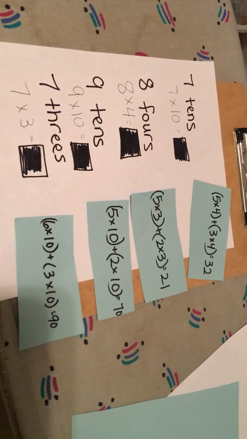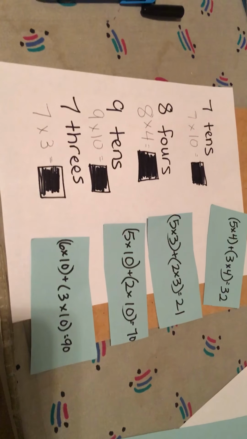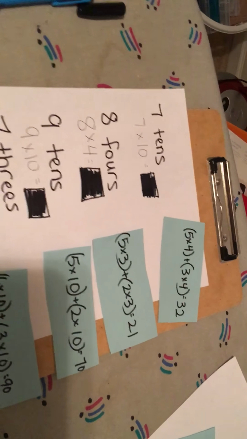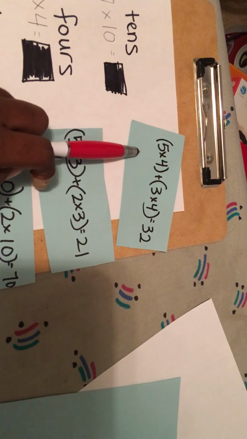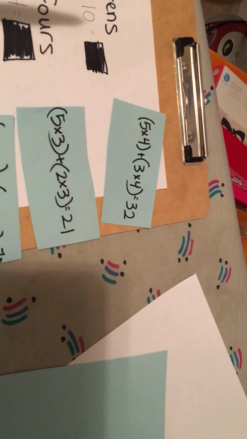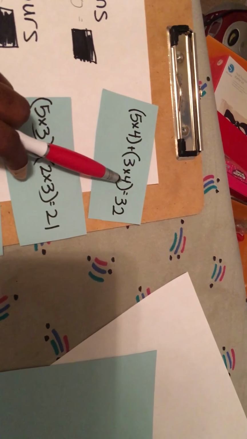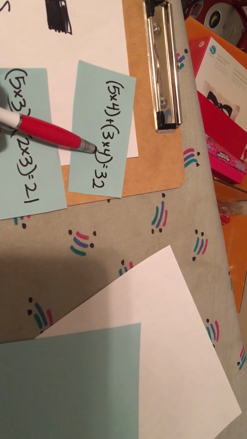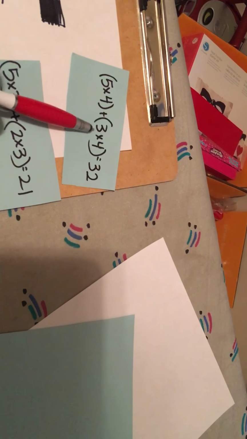At the bottom, where you see the baskets, you have to match the fruit to the basket. I got them over here in random order, but let's look at this one. I see 5 times 4 plus 3 times 4. The 4 is the same, so that is not the number that has been decomposed. The number that has been decomposed was once a 5 plus a 3.